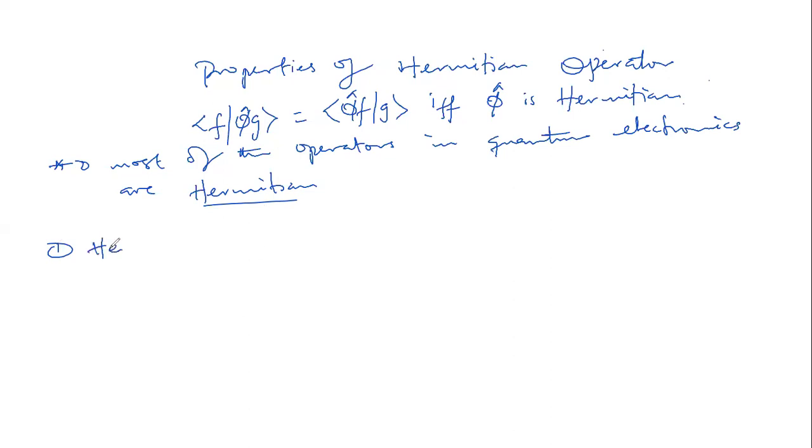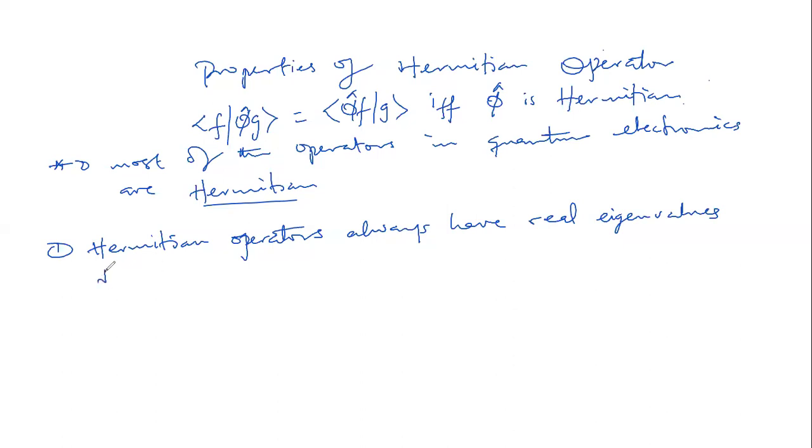So Hermitian operators always have real eigenvalues. In other words, it means that they do not include the complex operator j, which is the same as the square root of -1.